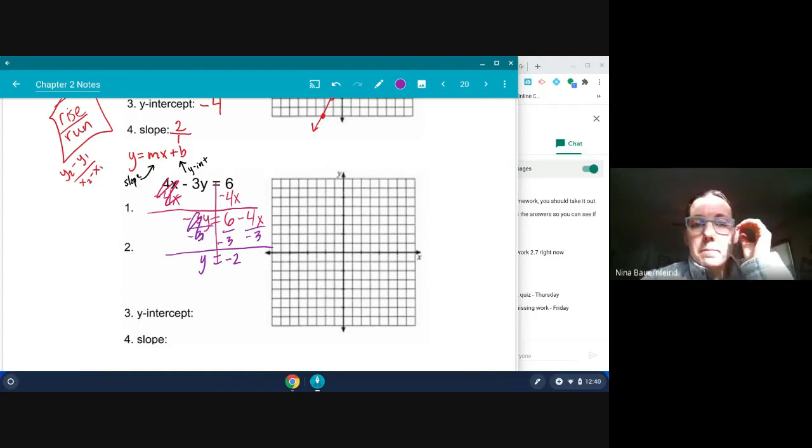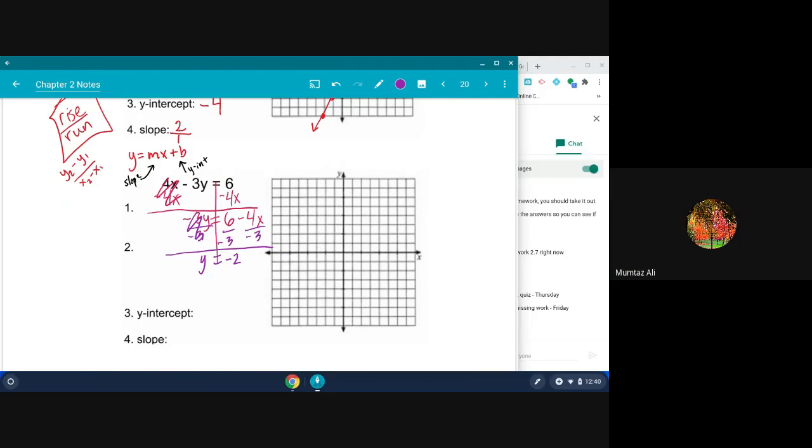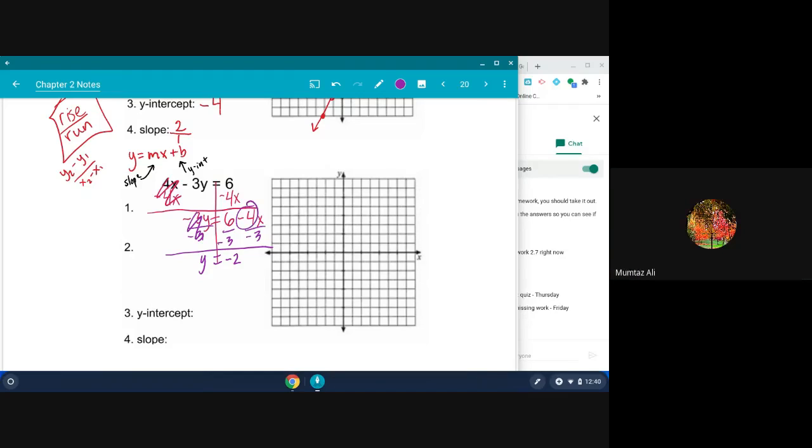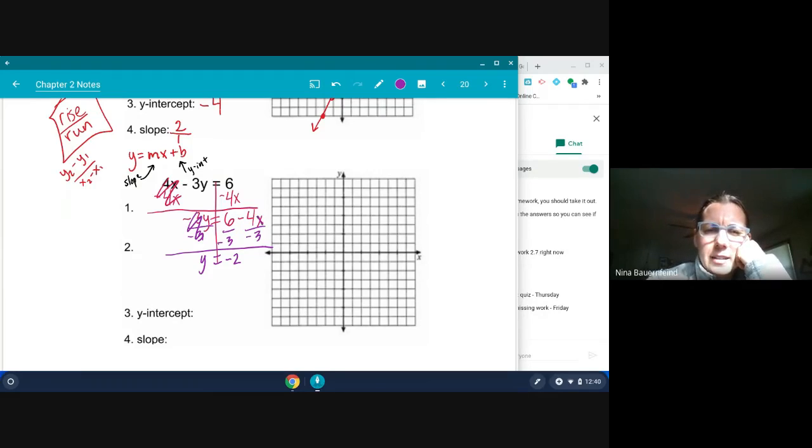Wait. Why didn't you get rid of the -4? Why didn't we get rid of it? Like right here? Yeah, because you just subtract 6 from 4, right? But this has an x on it, and 6 doesn't.